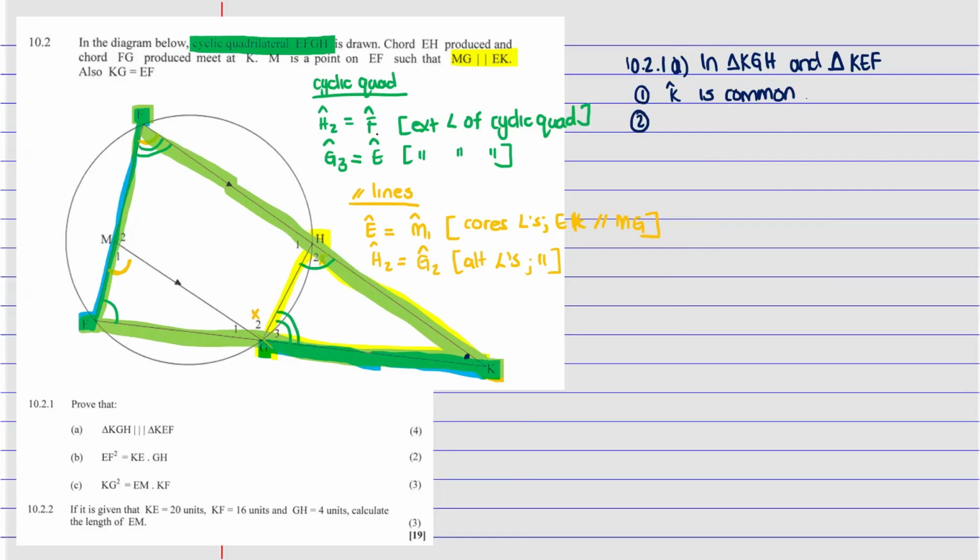We see the fact that we already proved that angle H2, which is in the yellow triangle, is equal to angle F, which is in the bigger triangle, right? And that was the exterior angle of a cyclic quad. So we know angle H2 is equal to angle F. And our reason is exterior angle of cyclic quad. Is everyone okay with that?